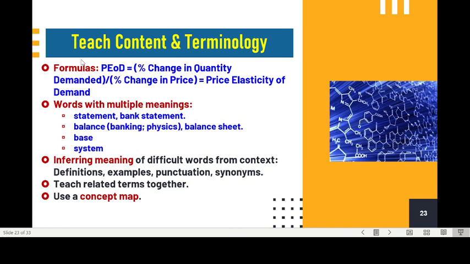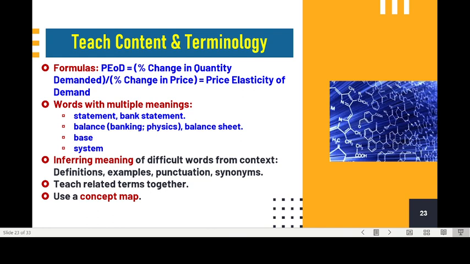There are words with multiple meanings, like statement. The word statement. It has different meanings in the different areas of specialties. For example, statement in general language, not like bank statement. The word balance, it's used in banking, it means something. It's in physics, it means when you have two, like scales.